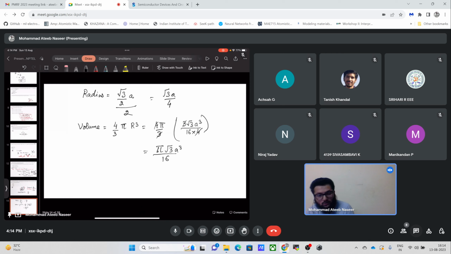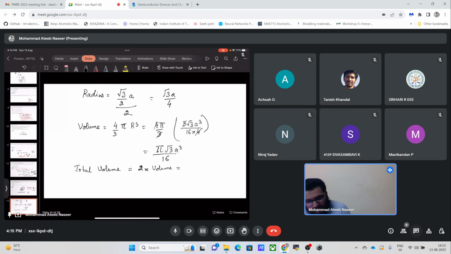Now we know that this BCC has in total two atoms per unit cell. As a result, the total volume occupied by molybdenum is simply 2 times the volume that we obtained, because we have 2 atoms per unit cell for BCC.